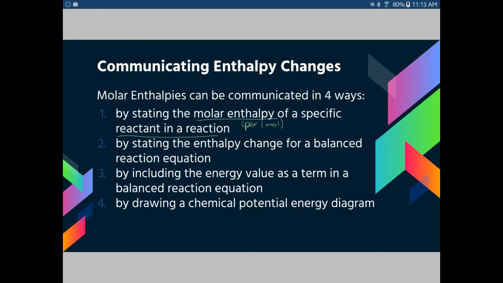Third, we can include that energy value as a term in our reaction, and fourth, we can draw a diagram, a chemical potential energy diagram. Potential energy is key there. So there are 4 different ways, and we're going to go through each of them in a little more depth so that you get a better understanding of what these 4 things are.